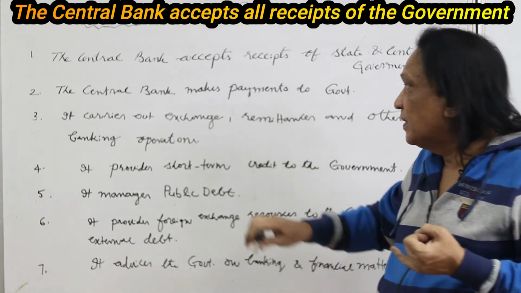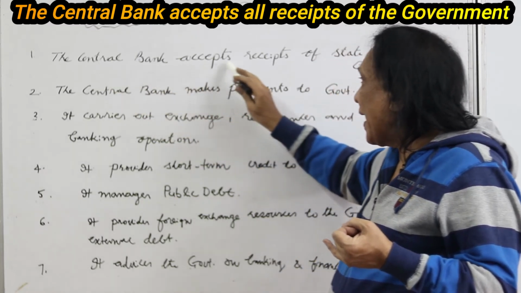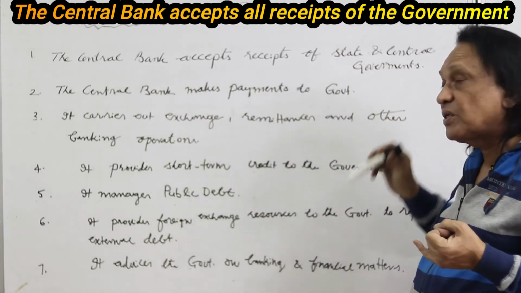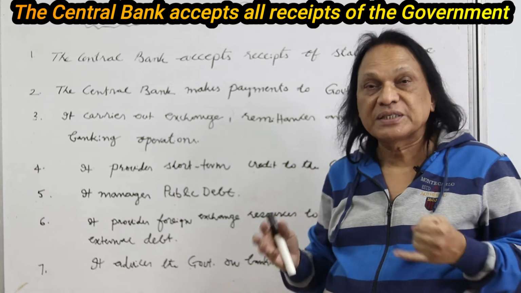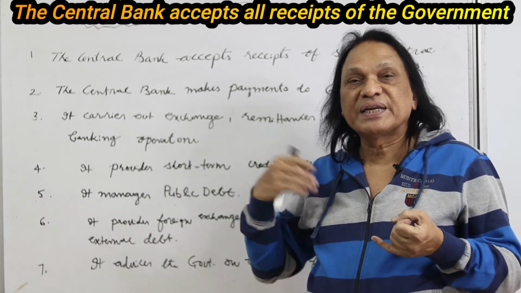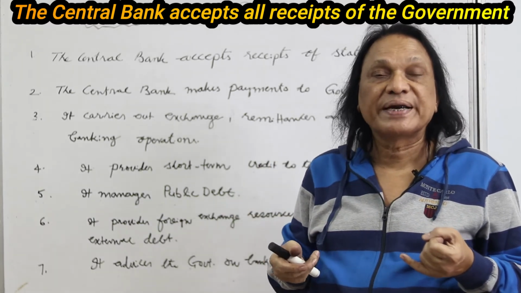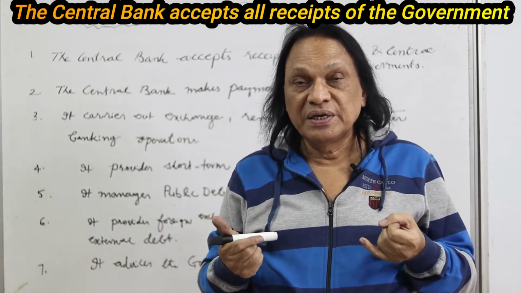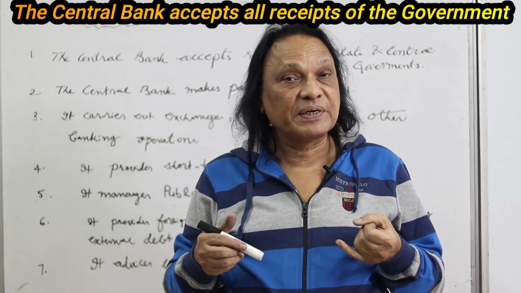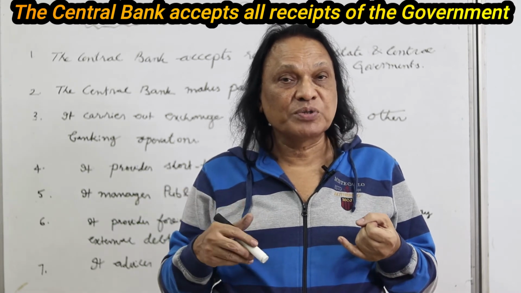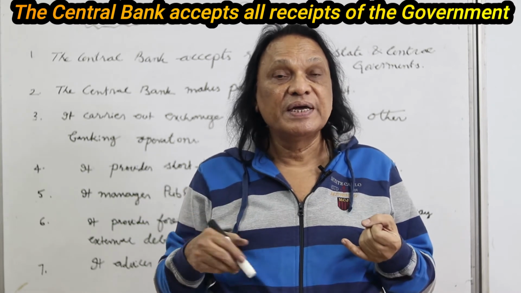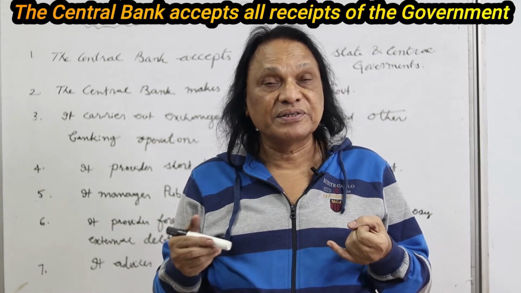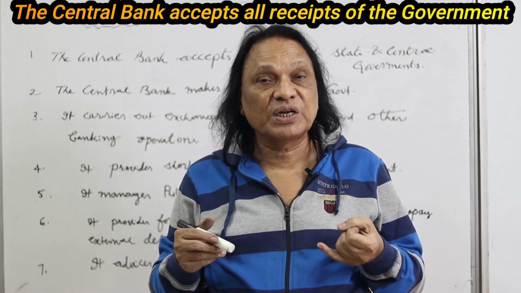What does it mean? The first one: the central bank accepts receipts of the state and central government. Whatever receipts the governments are getting, we discussed it. It can be in terms of revenue receipts, capital receipts, administrative receipts, direct taxes, indirect taxes, commercial revenue.